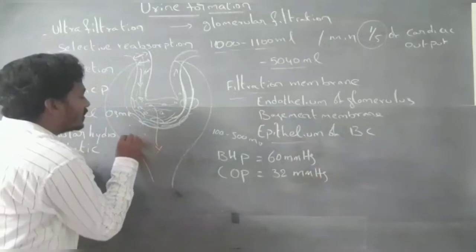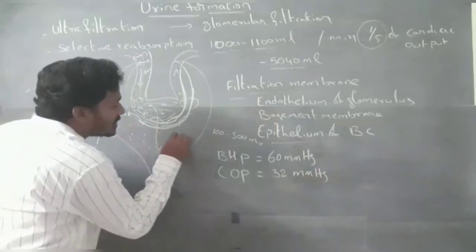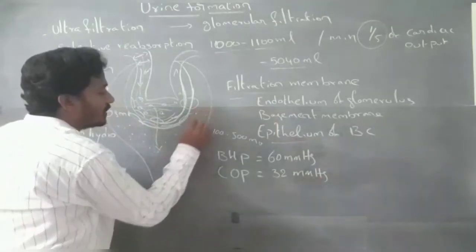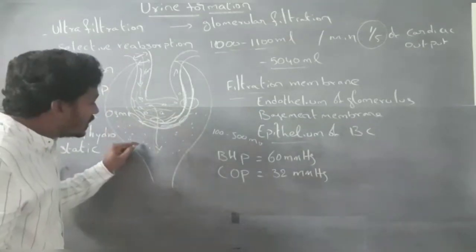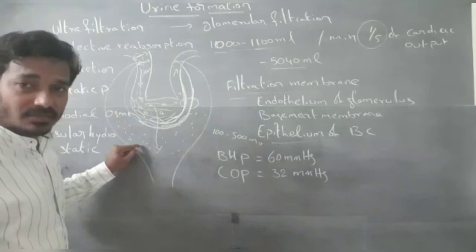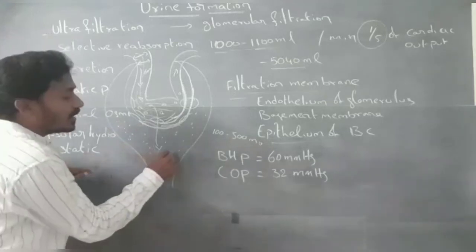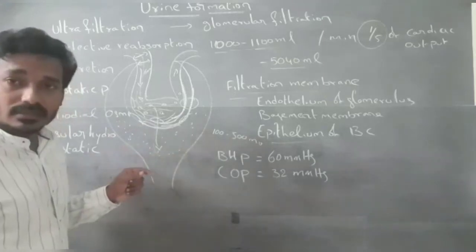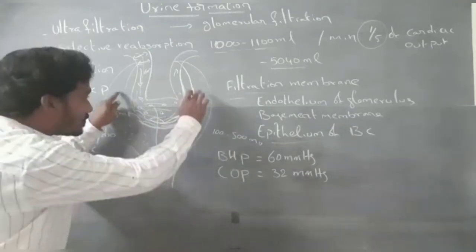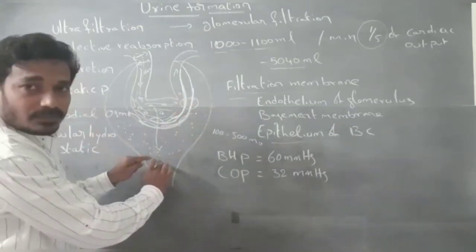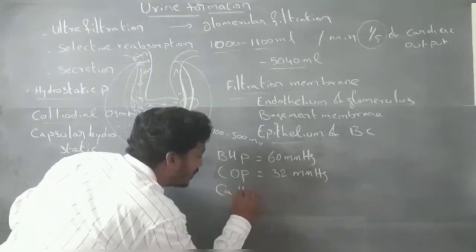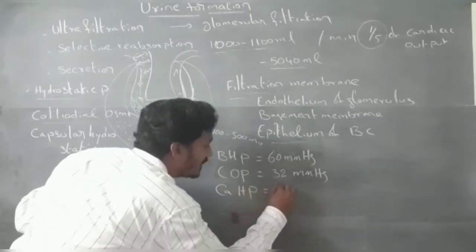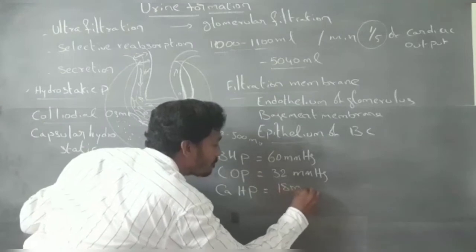Next, the filtrate present in the capsule causes hydrostatic pressure. This pressure is called capsular hydrostatic pressure. The capsular hydrostatic pressure is 18 mmHg.